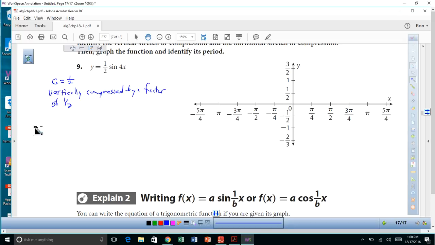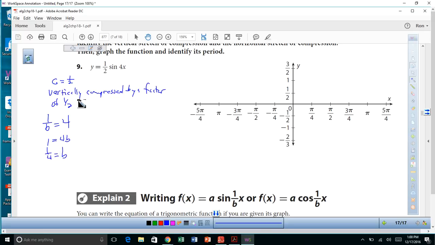What is b? Well, we got 1 over b equals 4, correct? Multiply both sides by b, so you got 1 equals 4b. Divide both sides by 4, so you got 1/4 equals b.